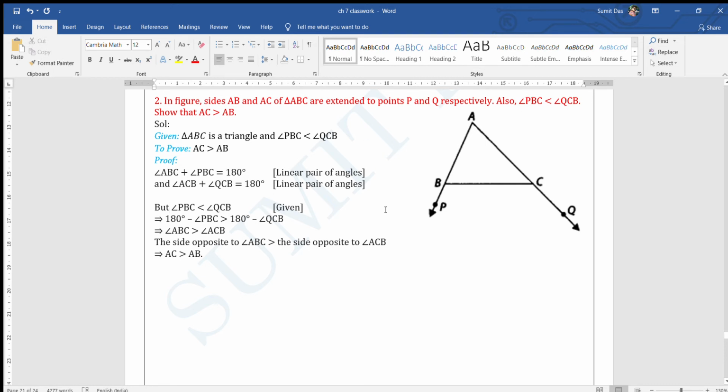Look in the given part. Now, 180 degrees minus PBC will be greater than 180 degrees minus QCB. Is it clear? I hope this line is not a difficulty.